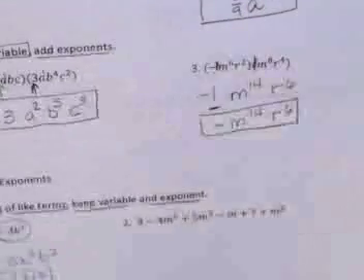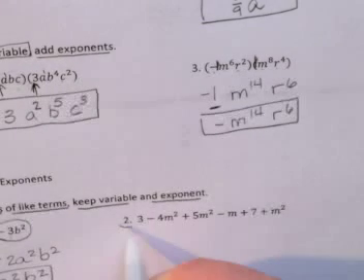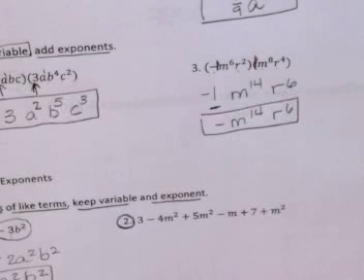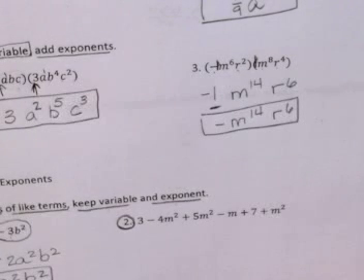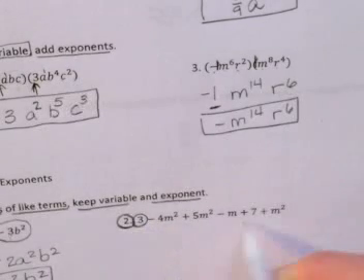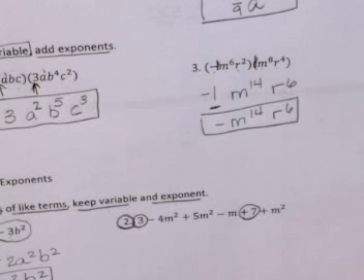Let's look at one more example. This is just the number of the problem. It's not 2.3. Before I do anything, I'm going to identify my like terms. And what I notice is 3 and 7 are constant terms with no variable. So I'm going to combine those.